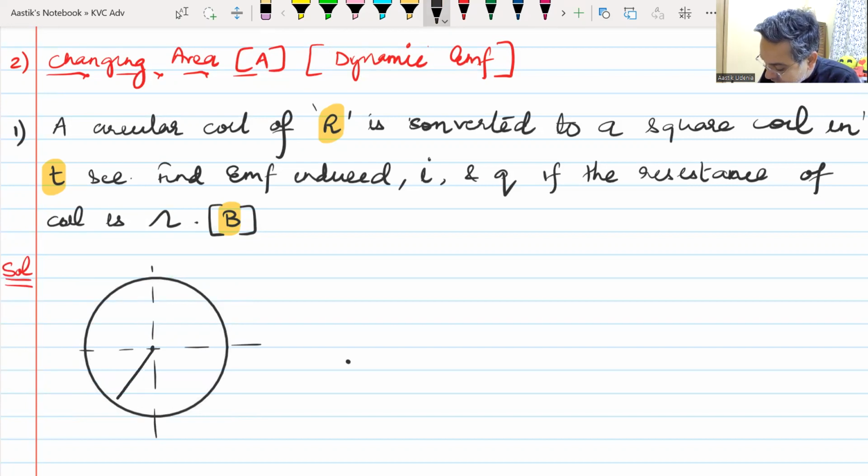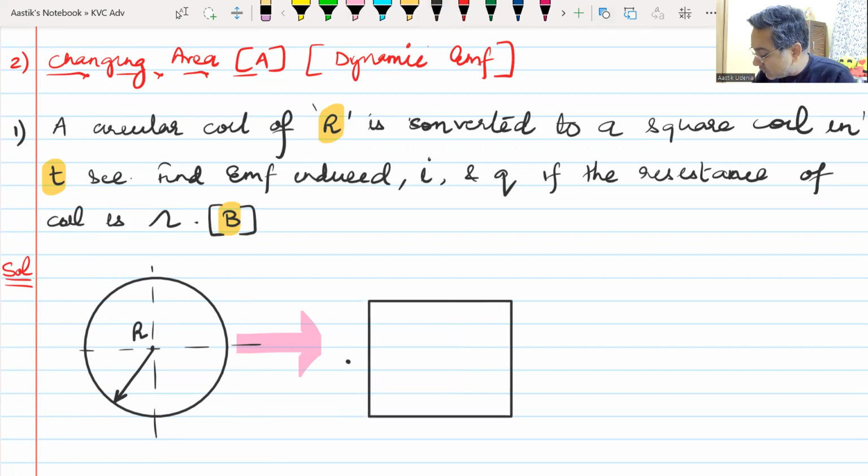You have a circular loop of radius r. Now this circular loop of radius r is converted into a square.